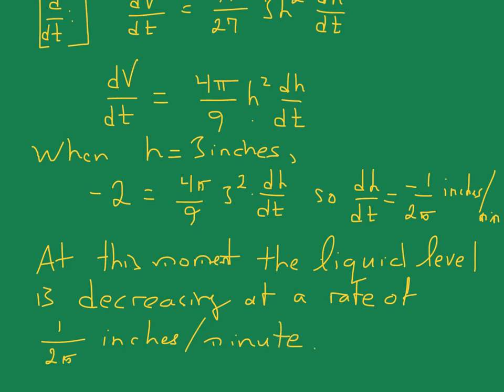And finally, just note, because I wrote that the liquid level was decreasing at this particular rate, I don't write minus 1 over 2 pi here. The decreasing says this in itself. Okay, so that's it. All done.